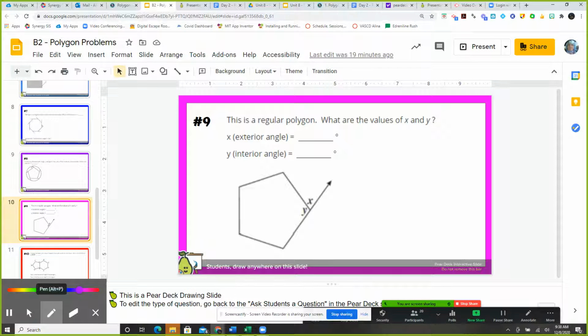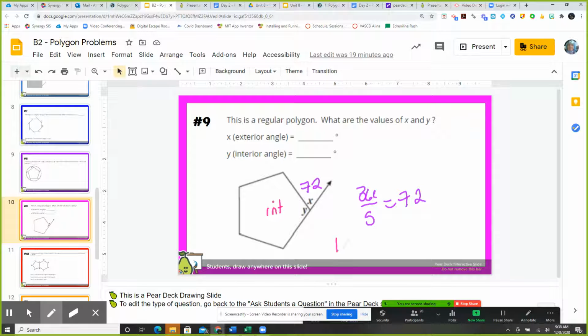It was the x. So that exterior angle is 72 because 360 divided by 5 equals 72. And then how do I find that interior angle? And these are our pentagons from our snowflakes last week. So what did we get? 180 minus 72? William, perfect, 108.